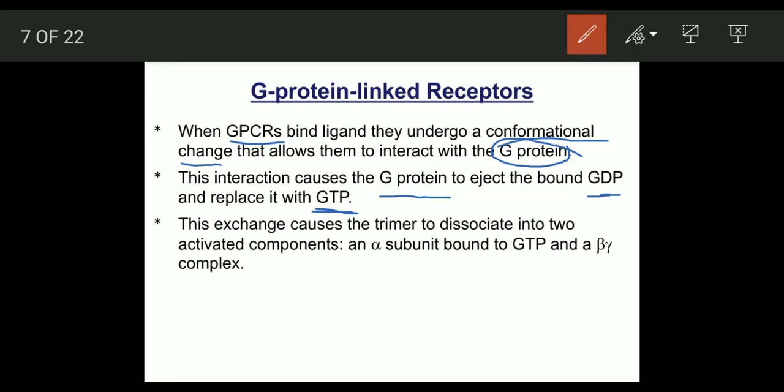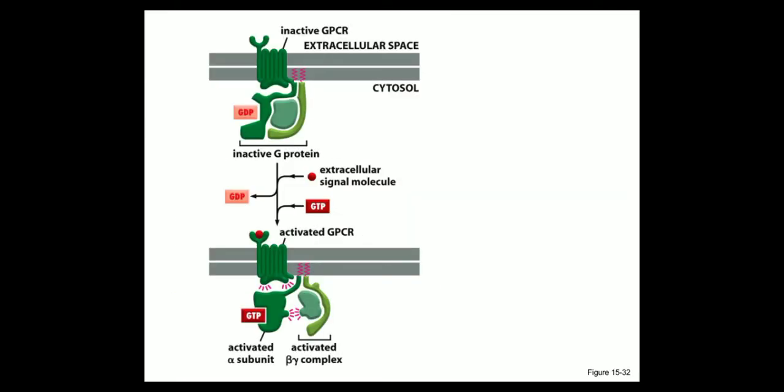This exchange causes the trimer to dissociate into 2 activated components: the alpha subunit bound to GTP and a beta gamma complex. This is an important complex here. So now let's move on.